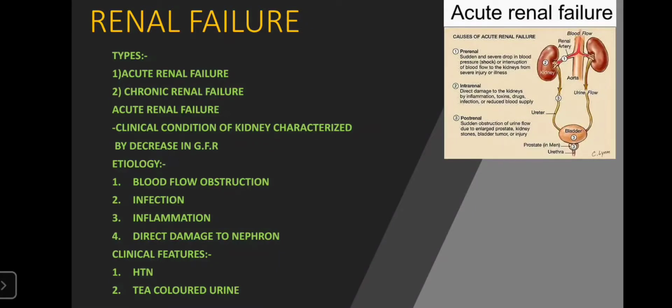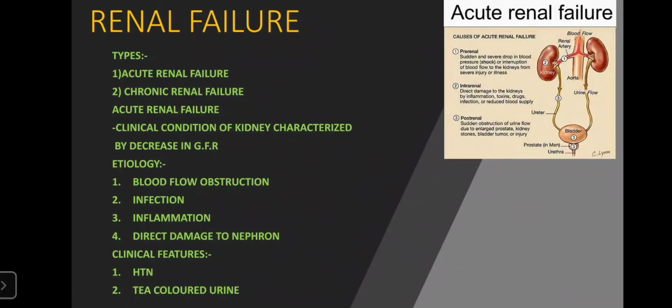It is a clinical condition of the kidney which is characterized by a decrease in the glomerular filtration rate. The etiology behind the decrease in GFR is blood flow obstruction, infection, inflammatory conditions, or direct damage to the nephron.